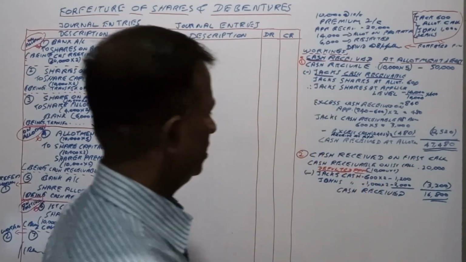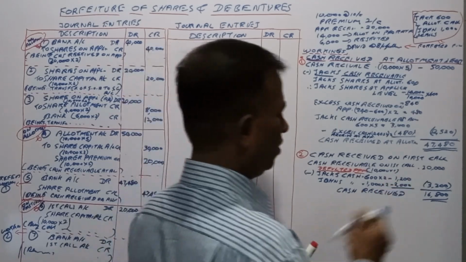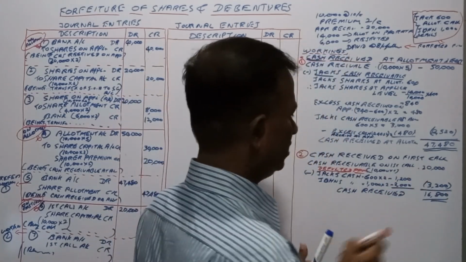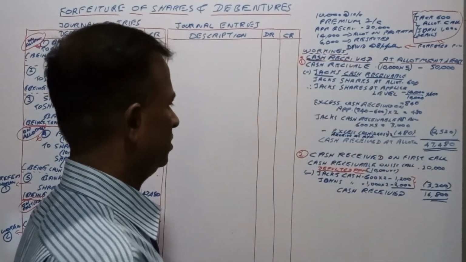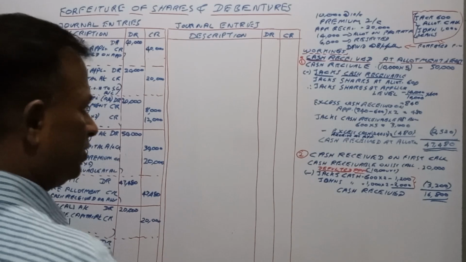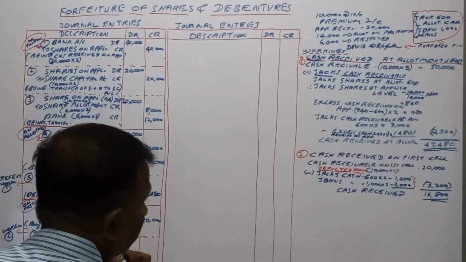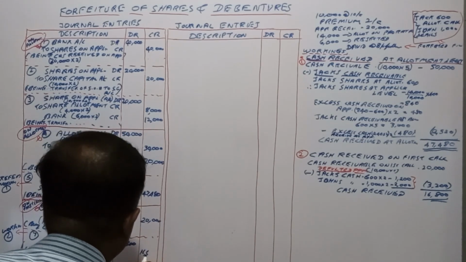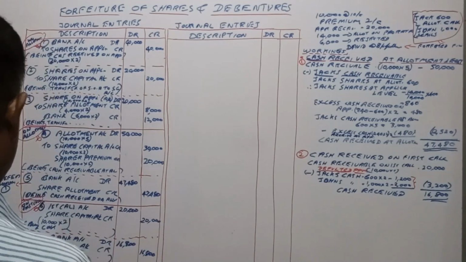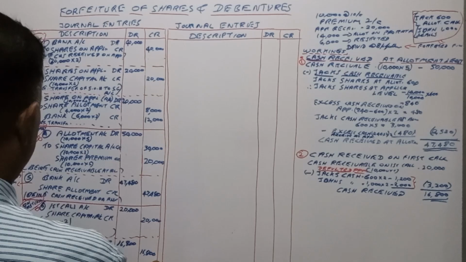That is Jack's cash and John's cash. These two were defaulted. That has to be deducted. So here we had to say 16,800 is cash received. Right? With that, we are completing the first call account.